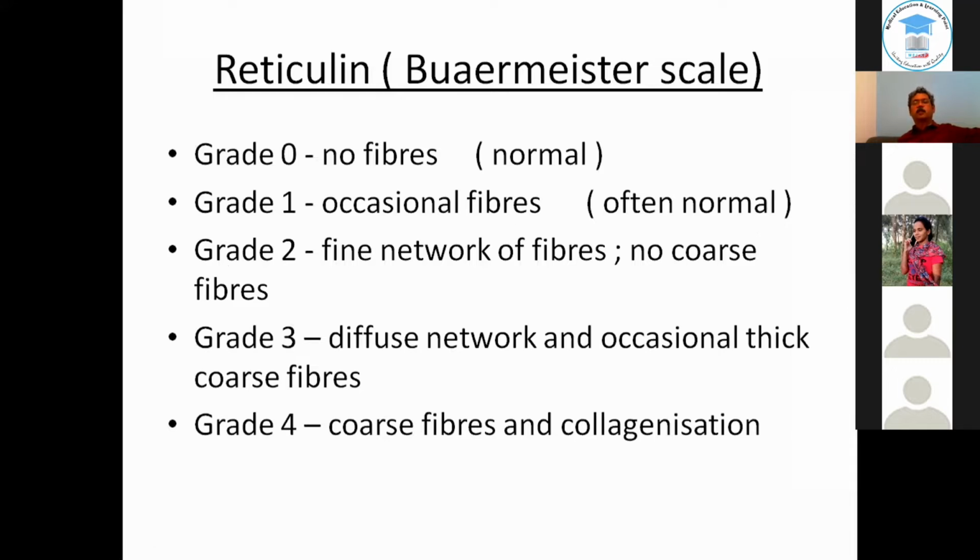And he said, if you report a grade 1, that's occasional fibers in a case like an ITP, I'm going to ignore it. It doesn't make a difference to my management. But if you report a grade 1 in a case where I'm suspecting myelofibrosis, it becomes of great importance. That is the reason he expects us to do a reticulum in all cases. You never know when you're going to pick up something.